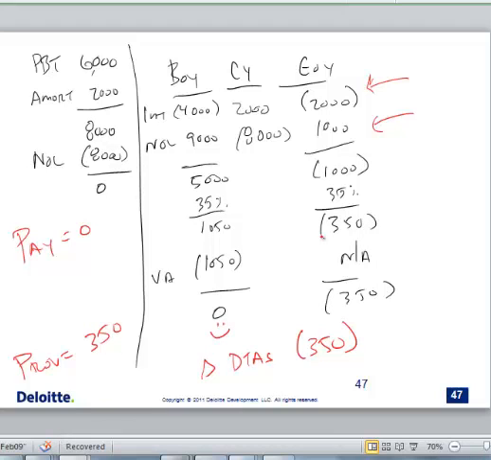Right? So this year, on our PBT we had a PBT of $6,000 and a provision of $350 because we just barely came out of our valuation allowance. So our provision is kind of weird this year because we're just barely coming out of our valuation allowance.